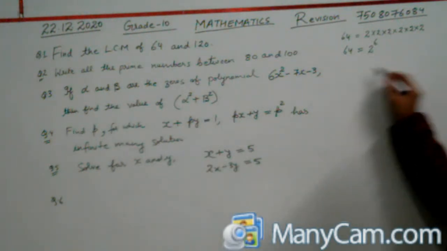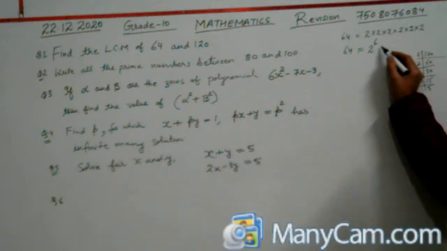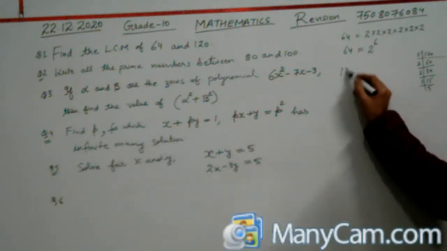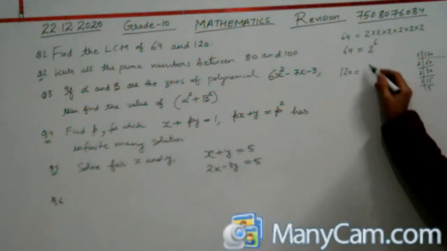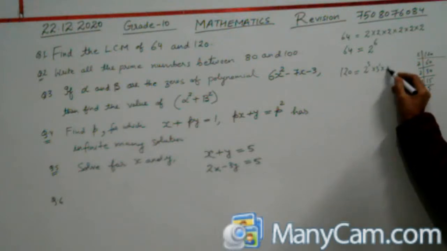Whereas for the prime factorization of 120: 2, 60, 2, 30, again 2, 15, then 3 and 5. So 120 is equal to 2 raised to power 3, 3 raised to power 1 and 5 raised to power 1.